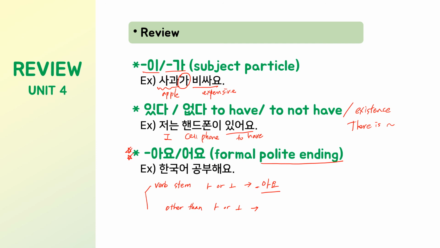All the others, 어요. But if the stem is 하, you add 여요. So as I mentioned, 하다, 하 becomes 하여요, becomes 해요. Okay, great job everyone.